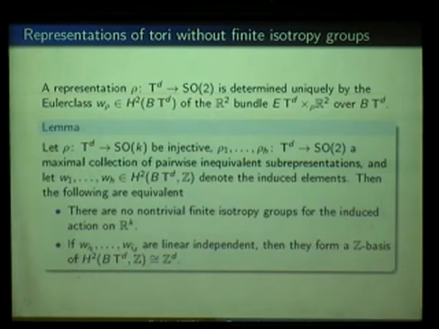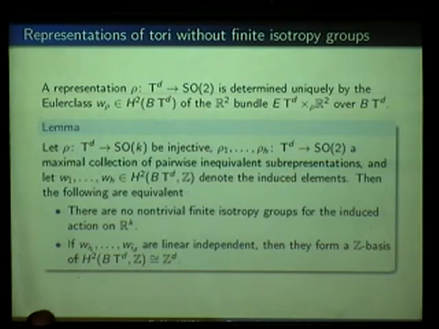And then there's a fairly simple lemma here. There are no non-trivial finite isotropy groups for the induced action on the space if and only if these elements have the following properties: if you have D linearly independent vectors, they form a Z basis. So that's what you have to deal with, right?